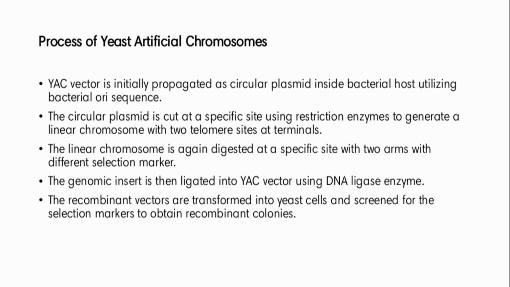So the linear chromosome is again digested at a specific site to give 2 arms with a different selection marker. So the genomic insert is then ligated into the YAC vector using DNA ligase enzyme. So the recombinant vectors are transformed into yeast cells and screened for the selection markers to obtain recombinant colonies.